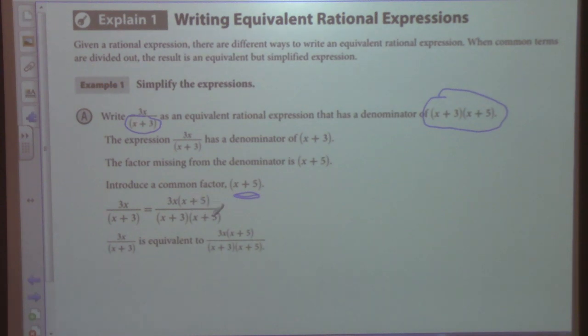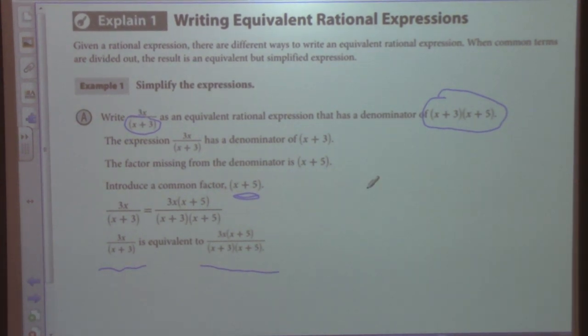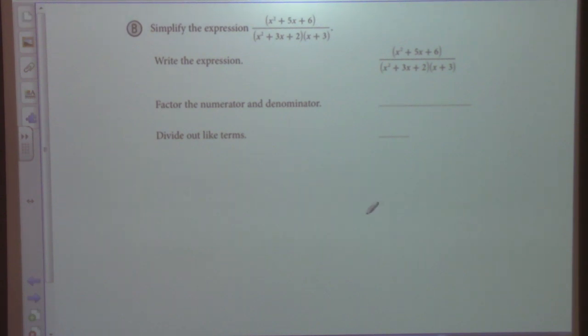So we do that by multiplying both the numerator and denominator by x plus 5. And so when you do that, 3x over x plus 3 is equivalent to 3x times x plus 5 over x plus 3 times x plus 5. So when we get common denominators, that's a skill we're going to have to develop.